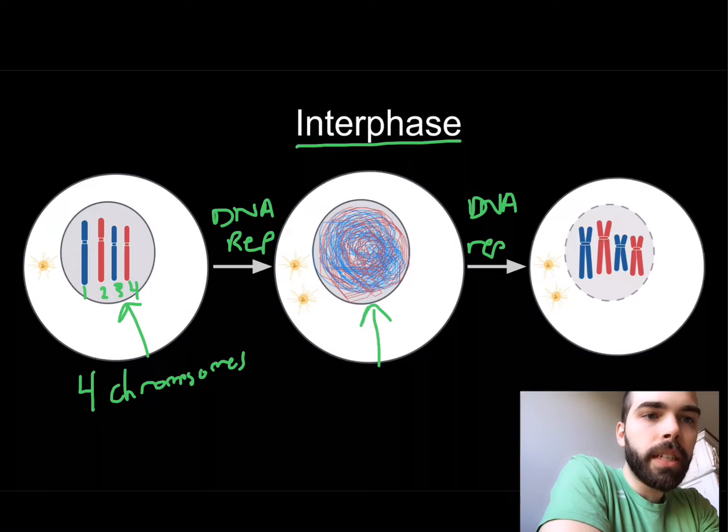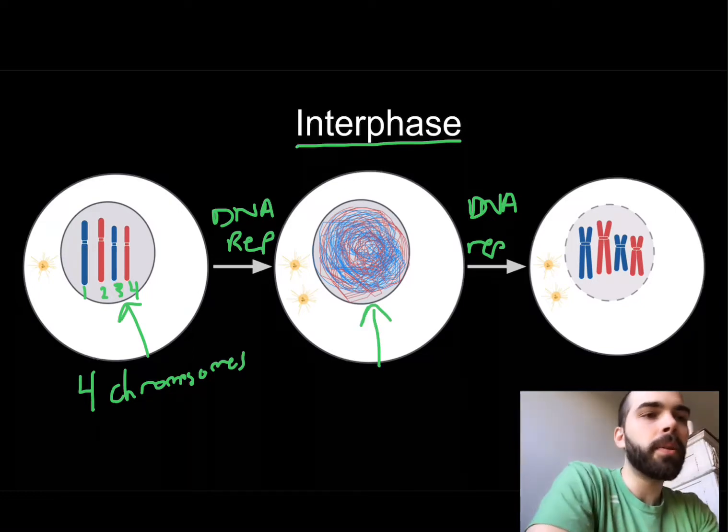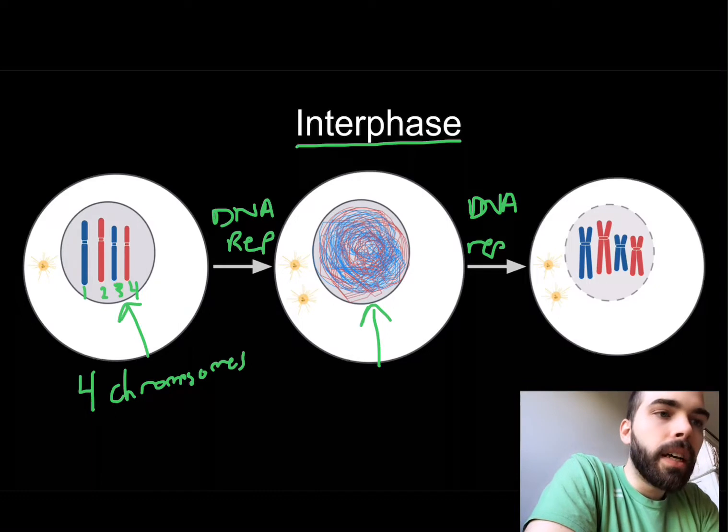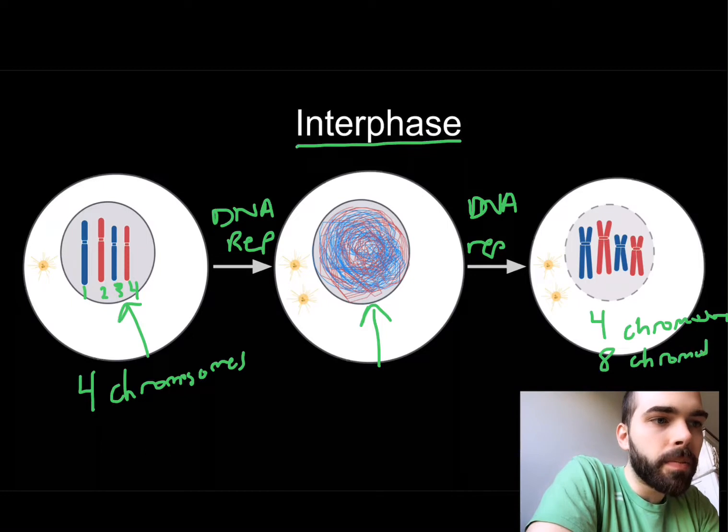That's what you see going on here. And all of it's going to get copied. And so, by the end of interphase, now we've doubled the number of chromatids that we have. That's why it looks like there's double all the material. We still have 4 chromosomes total, but now we have 8 chromatids.